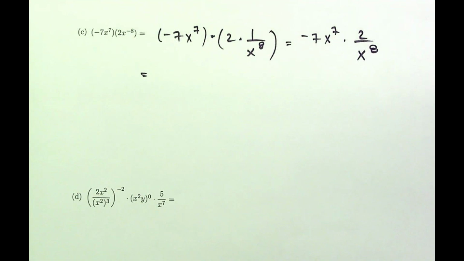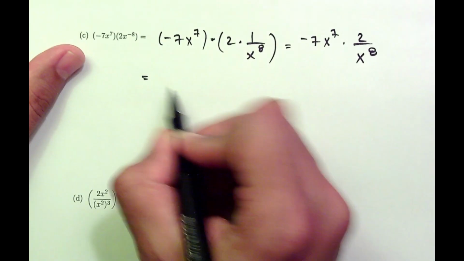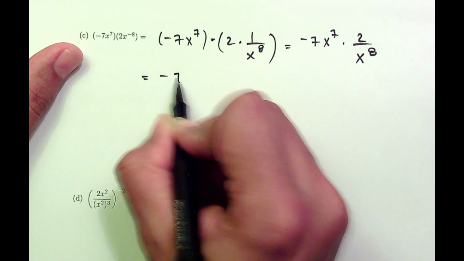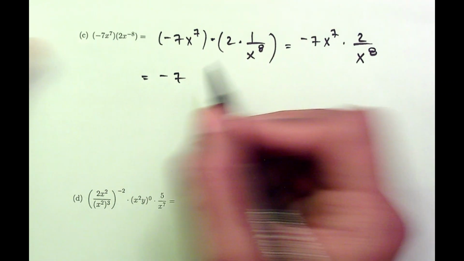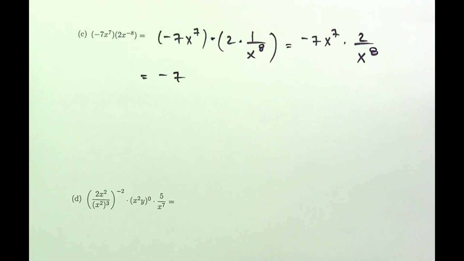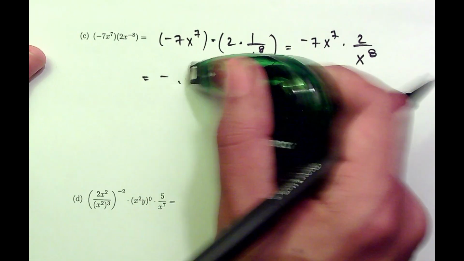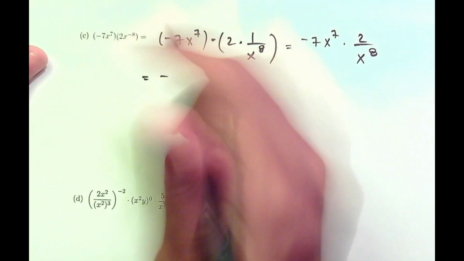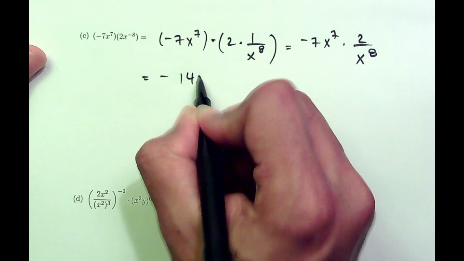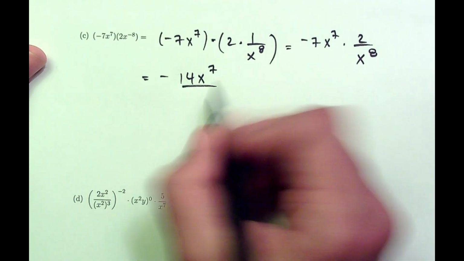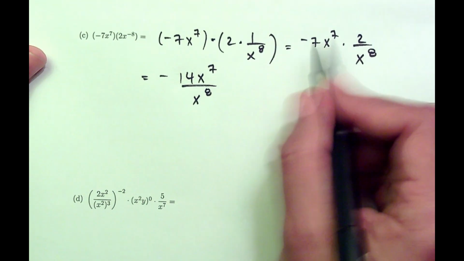Now, simplify that. You multiply across, the negative 7 and the 2, that's negative 14 actually. You get negative 14x to the 7 over x to the 8, multiplying across.